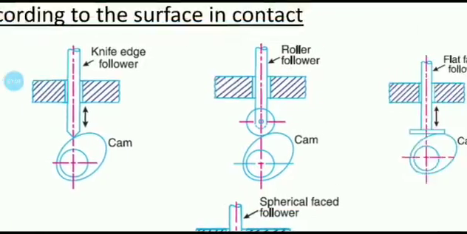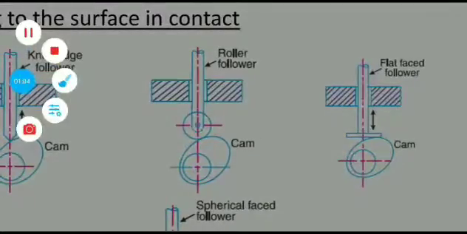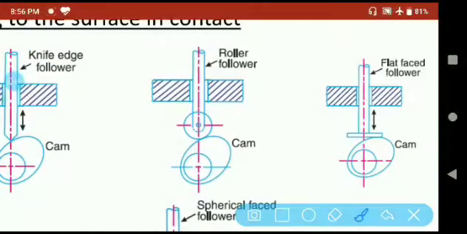Similarly, next is the roller follower. The point of contact between the cam and the follower is a roller. So that is basically a line contact, and in the case of the knife edge follower, it's a point contact.